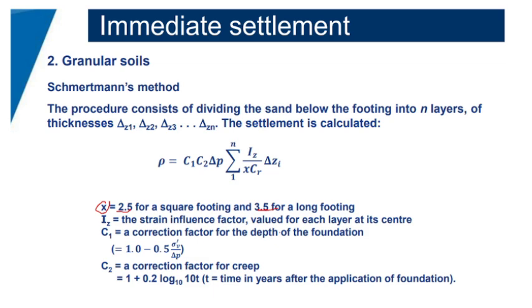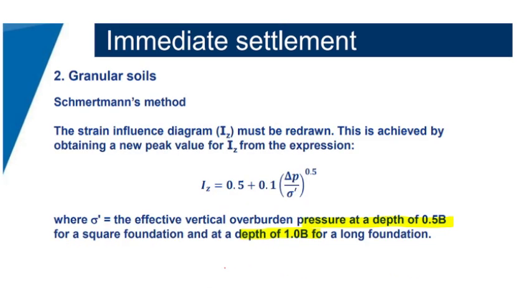C1 is the correction factor for depth of the foundation, which involves the effective pressure and the net pressure of the soil. C2 is the correction factor for creep at a particular time in years after the application of the foundation. So T could be 1, 2, or 3 years, or the number of years.